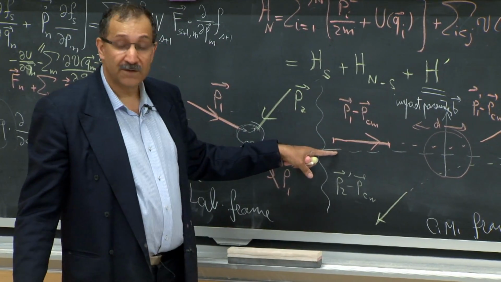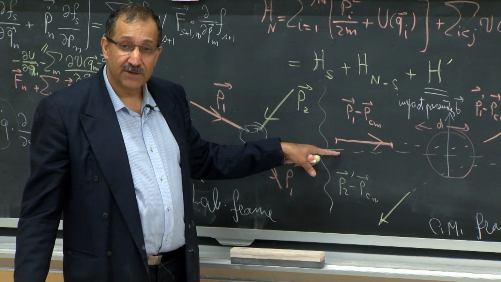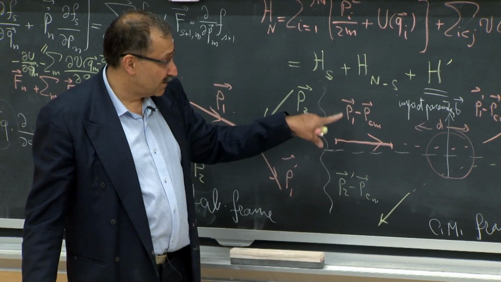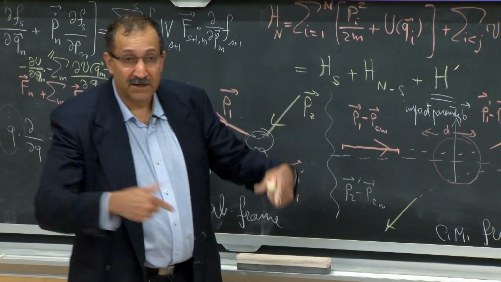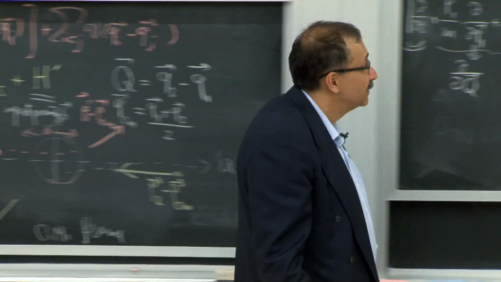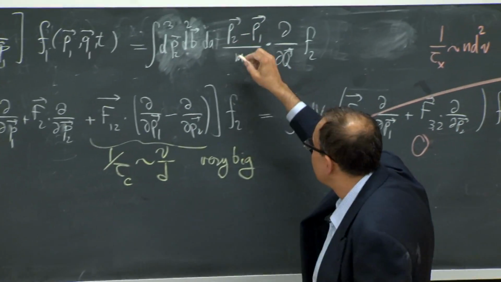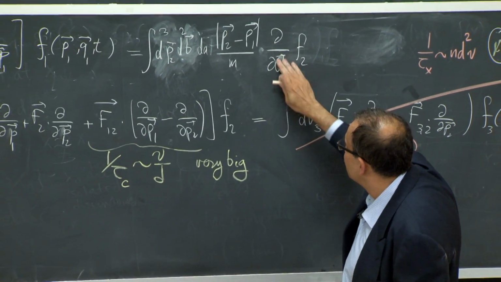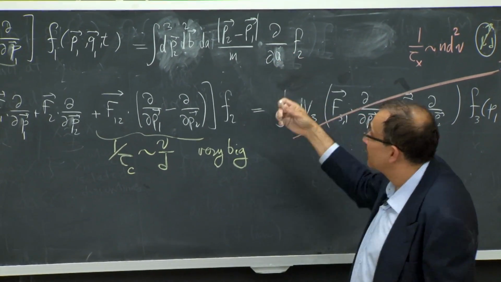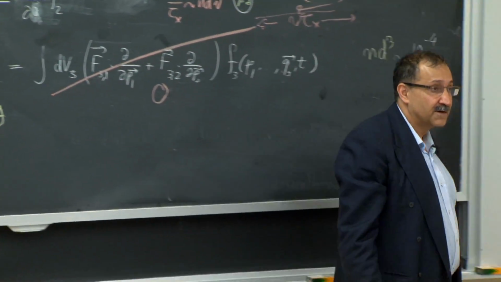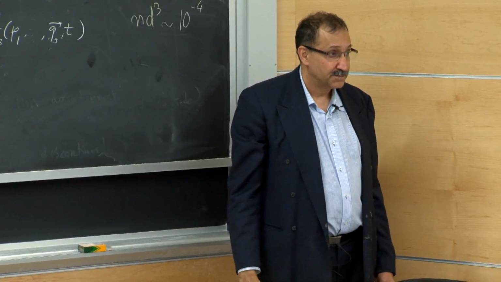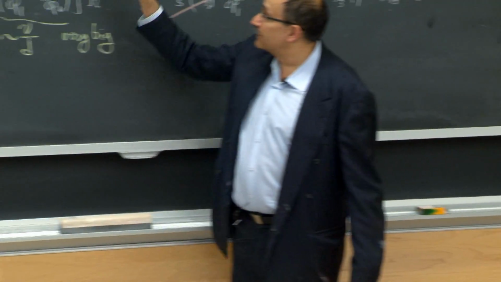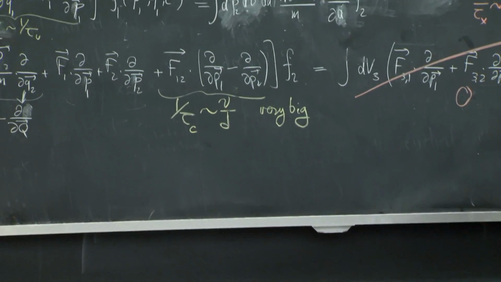What is the direction of this line? The direction of this line is P1 minus P2. This is P1 minus P2 over 2, but it doesn't matter. The direction is P1 minus P2. So what I'm doing here is I'm taking a derivative precisely along this line of constant approach. Okay? And I'm taking a derivative and I'm integrating along that.